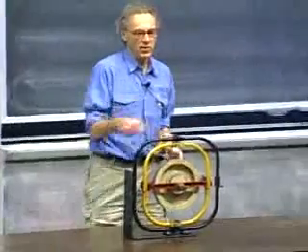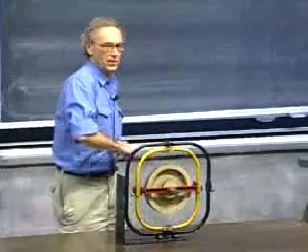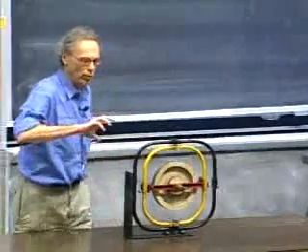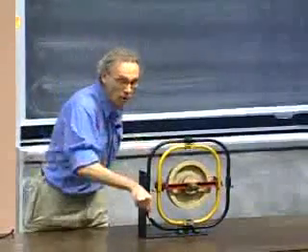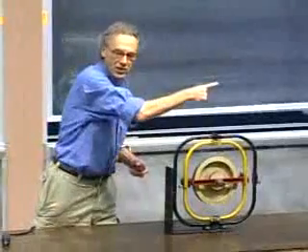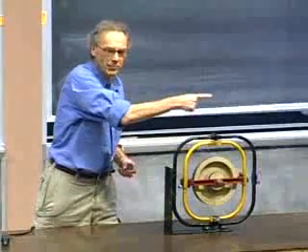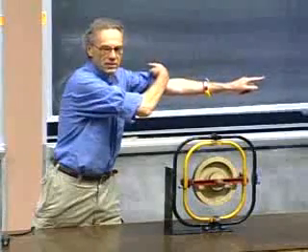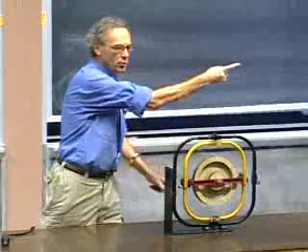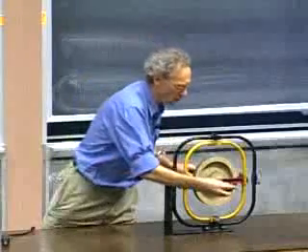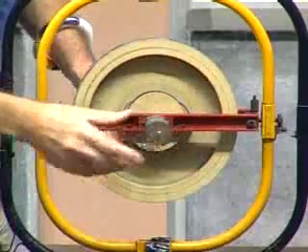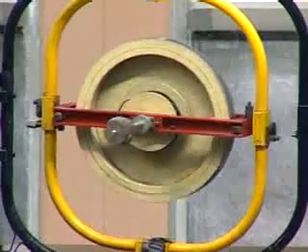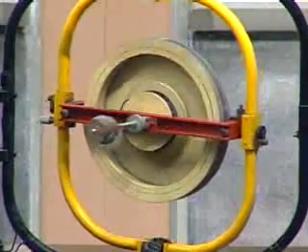It is spinning in this direction. Angular momentum is pointing straight at me, away from you. I'm going to put a torque on like this, putting the weight there. Torque will be in this direction. What will the spin angular momentum do? Torque is in this direction, spin angular momentum is in this direction. Spin angular momentum will start to chase the torque. Watch it. There it goes. The spin angular momentum is chasing the torque.